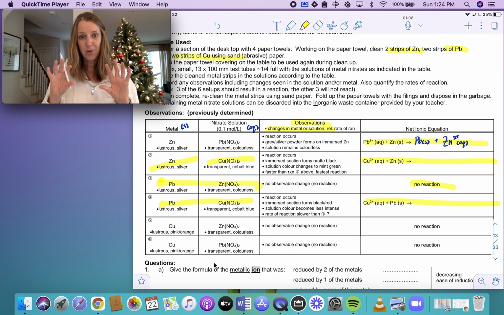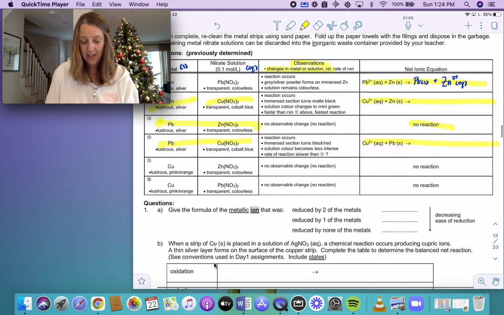And then I want you to look at this information, and now you're going to analyze it. So this is where you're going to be working through the questions. Do this with your lab partner. Okay, note that if the question is asking you for the metallic ion, it's asking you for Pb2+, Cu2+, Zn2+. Which ion is it?